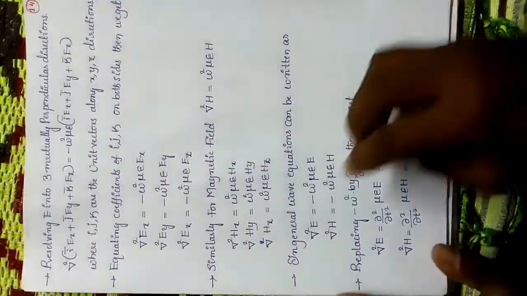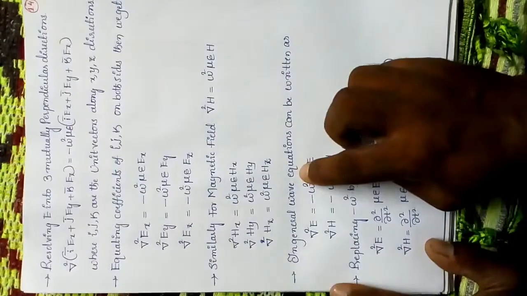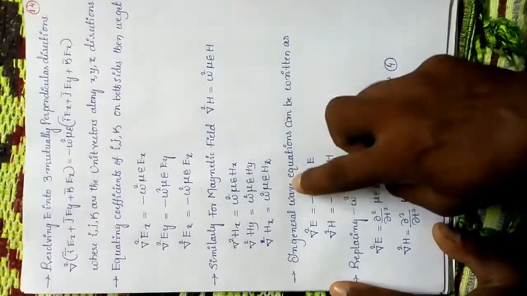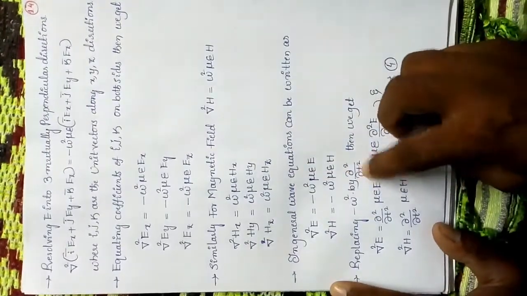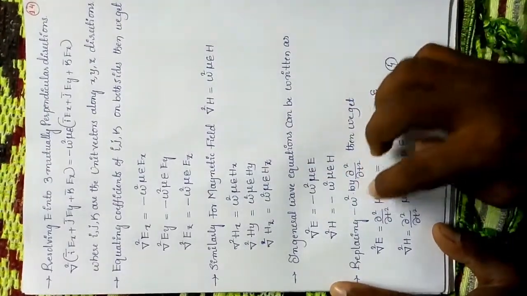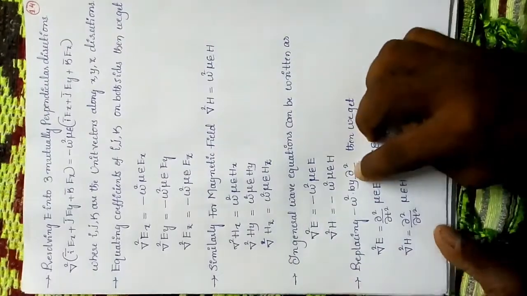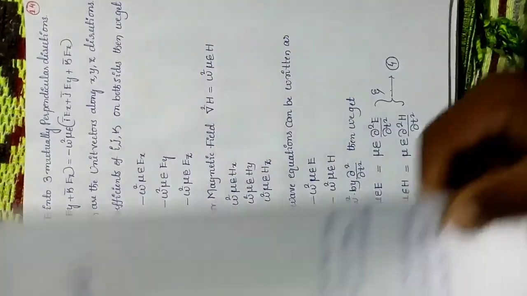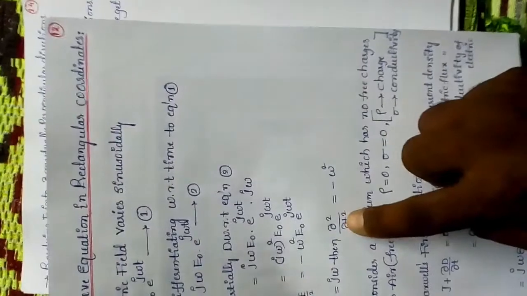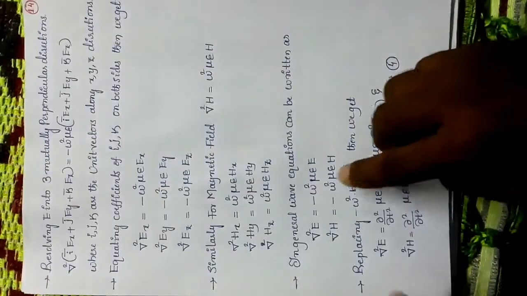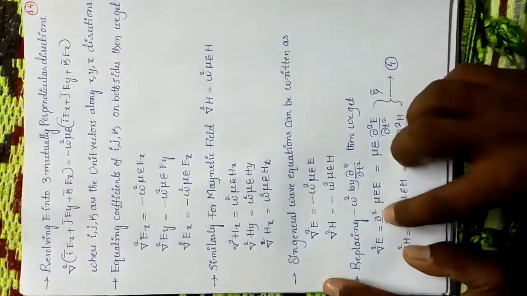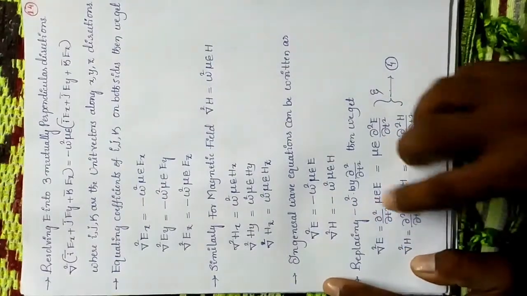From this equation, wherever minus omega square is there, I simply substitute dou square by dou t square. We already assumed this initially, from the starting point. So dou square by dou t square is equal to minus omega square. From this, in place of minus omega square, I write simply dou square by dou t square. Here also dou square by dou t square.